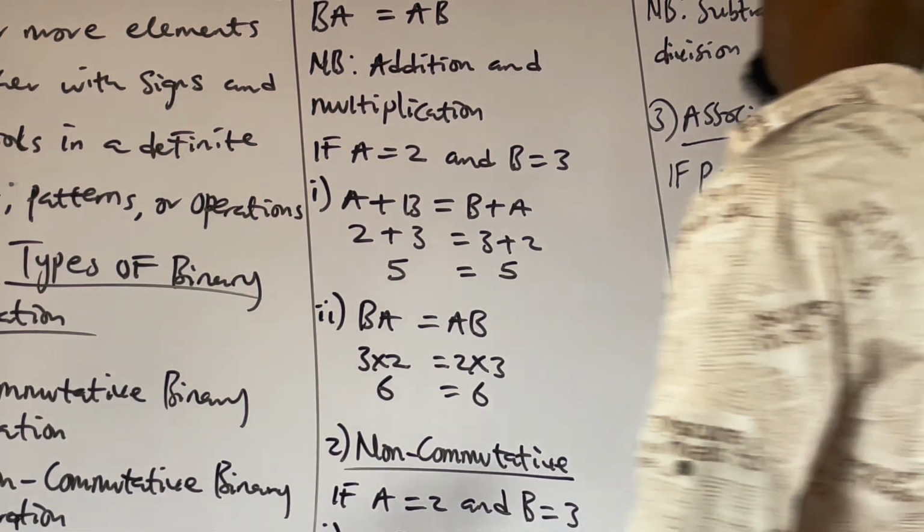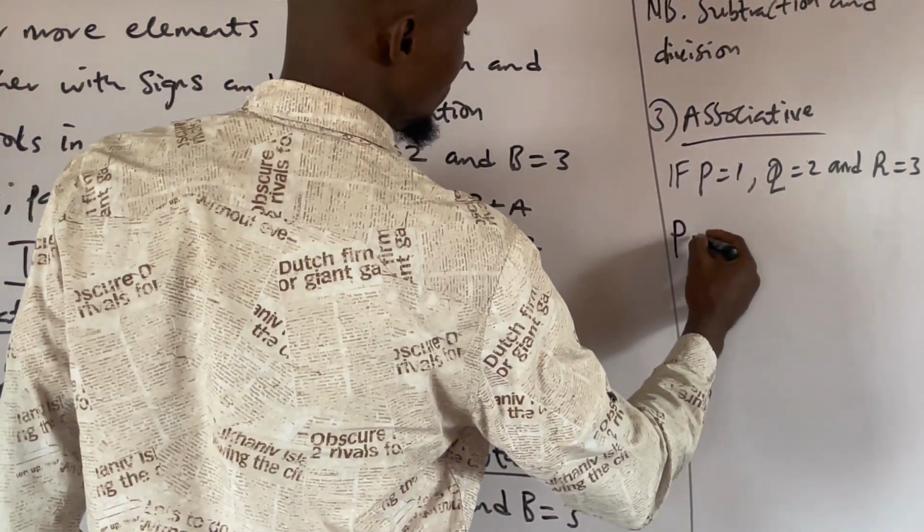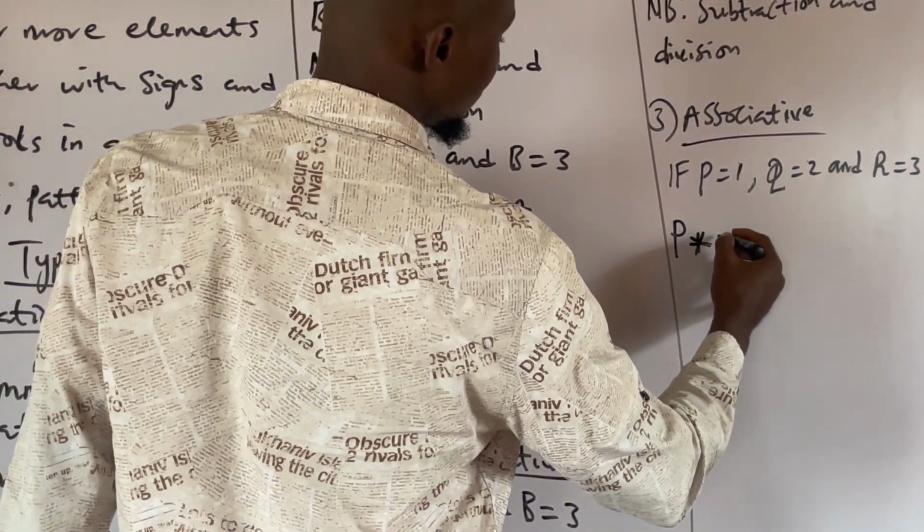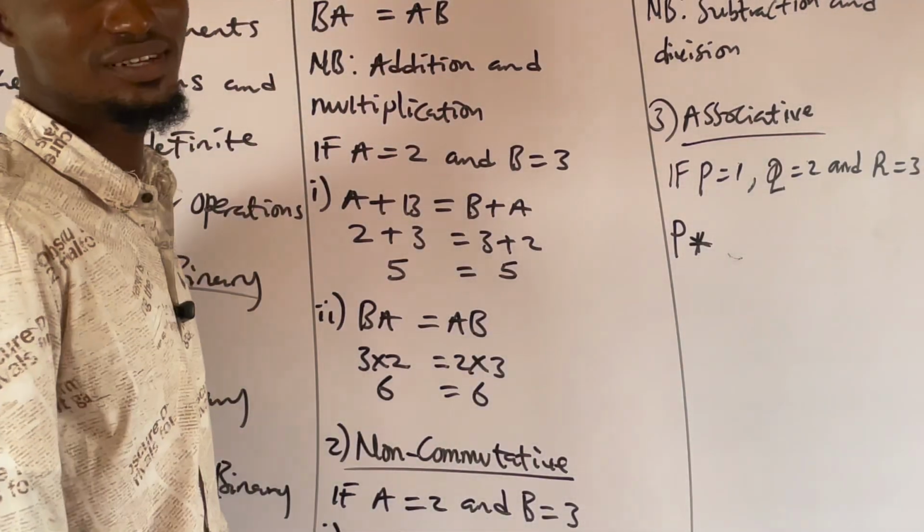How do you know associative? This is P asterisk. This asterisk here means times.